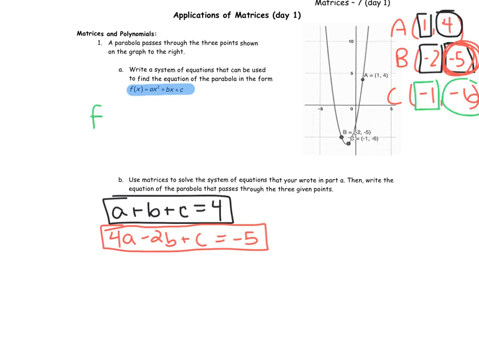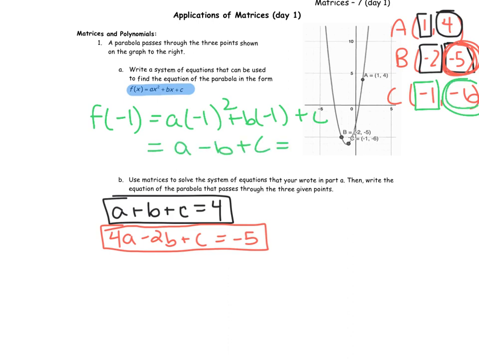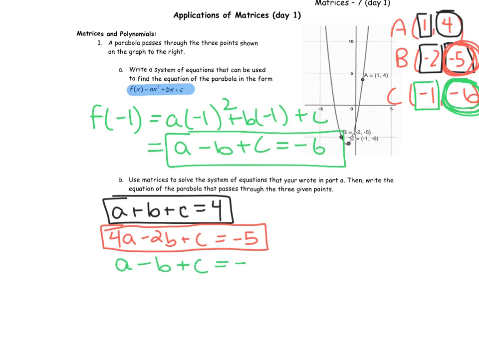So I have f of -1 is going to equal a times -1 squared plus b times -1 plus c. So we'll end up with a minus b plus c equals the output of f of -1 is -6. So here are my three equations. I have a minus b plus c equals -6.